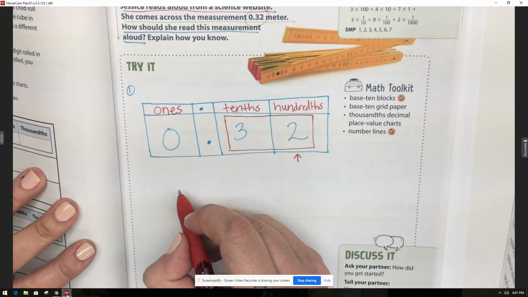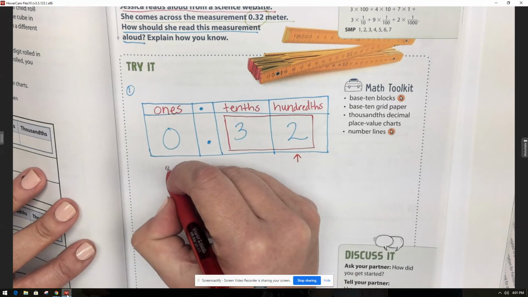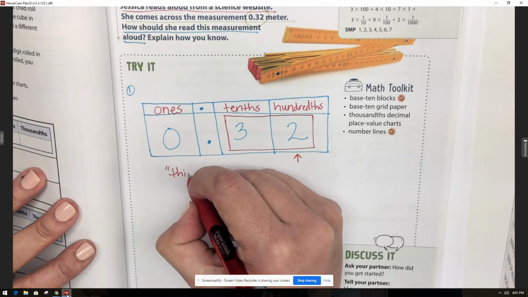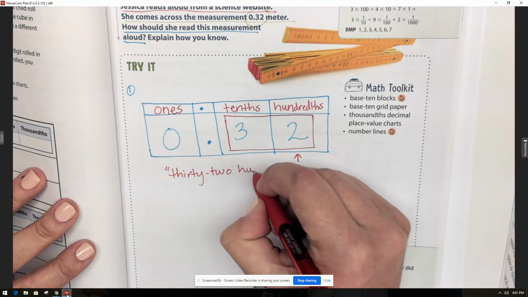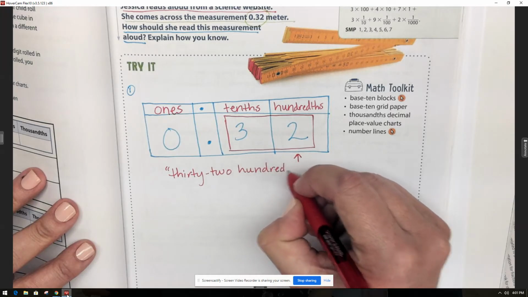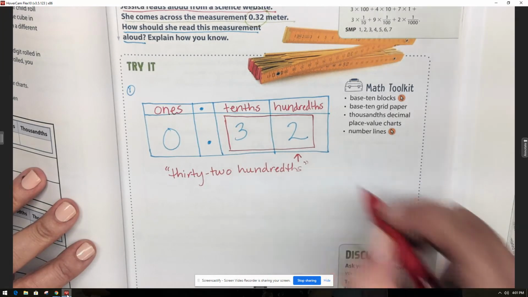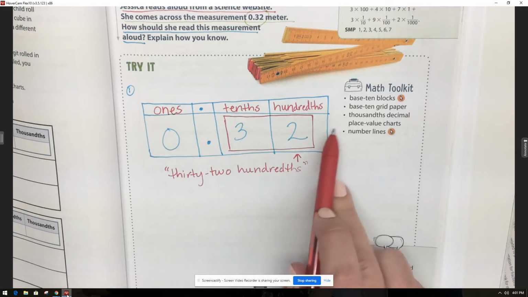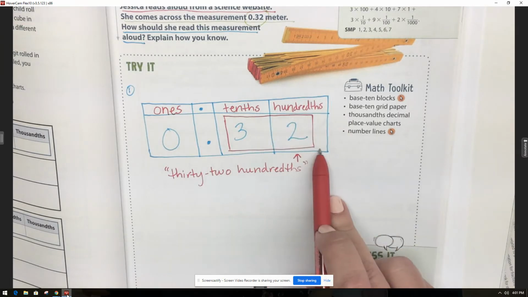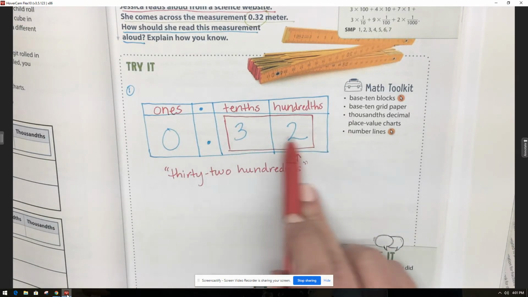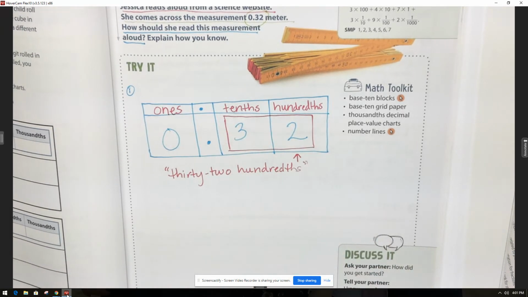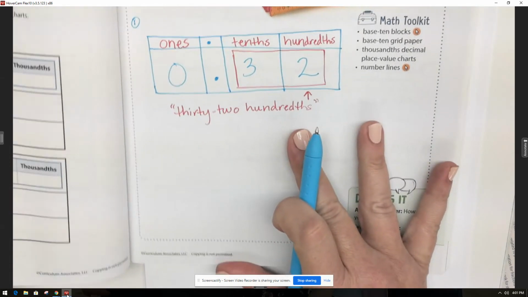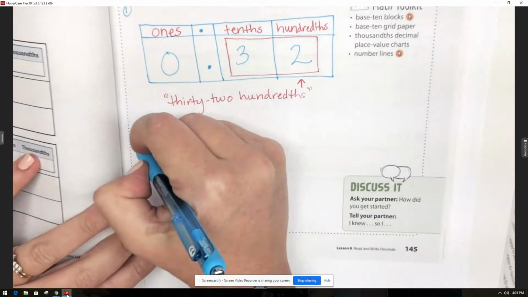So I would read this as 32 hundredths, because my smallest place value is my hundredths, and I have 32 of them because I read this all together as 32.